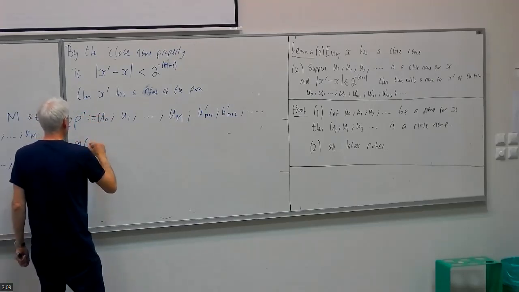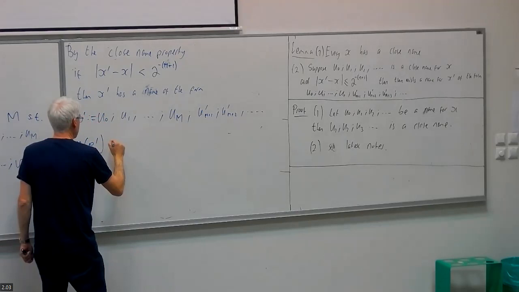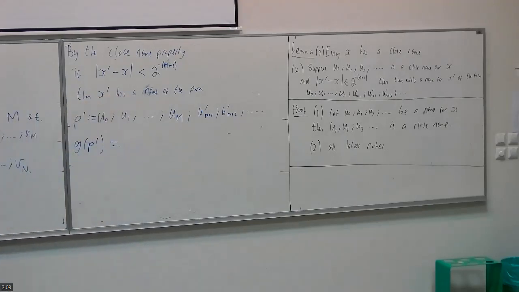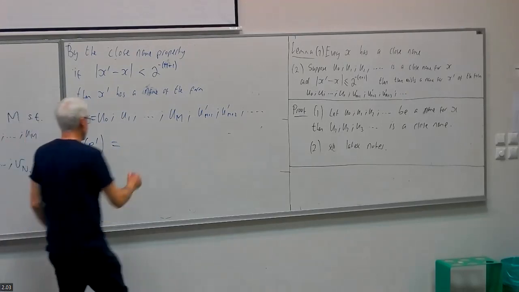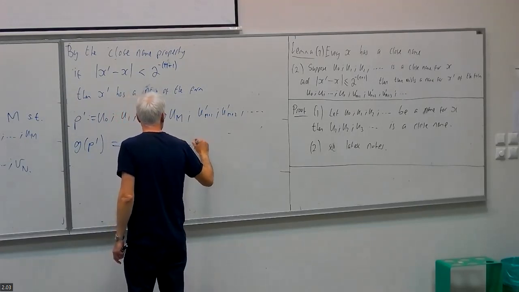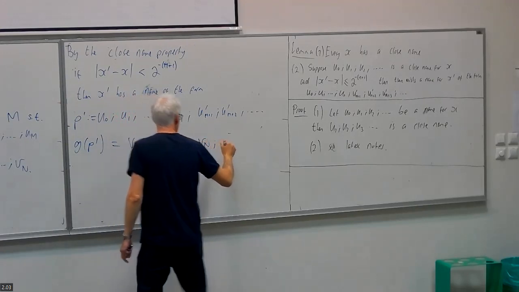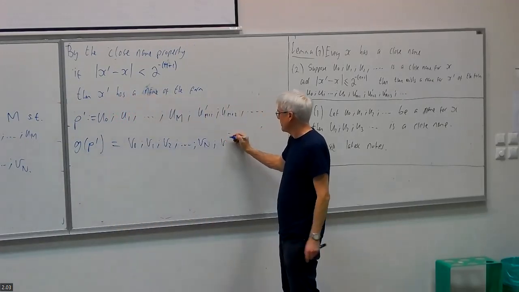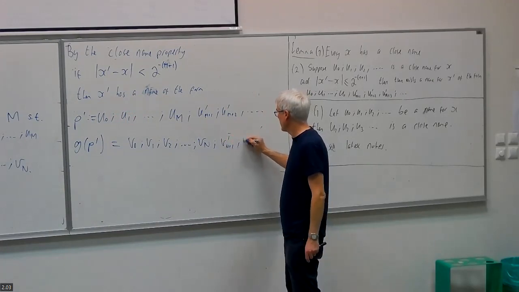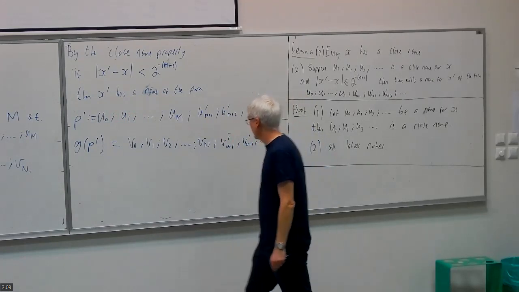Then G applied to P prime has the form, well, first little m characters, it starts off V0, V1, V2 up to Vn. And then it continues with V prime n plus 1, doesn't matter really how it continues.